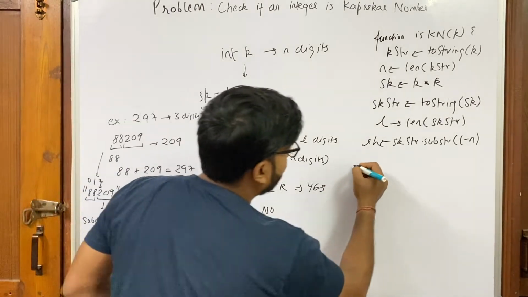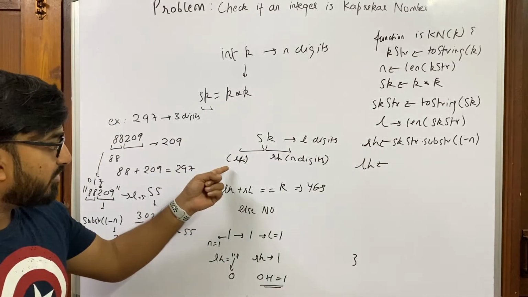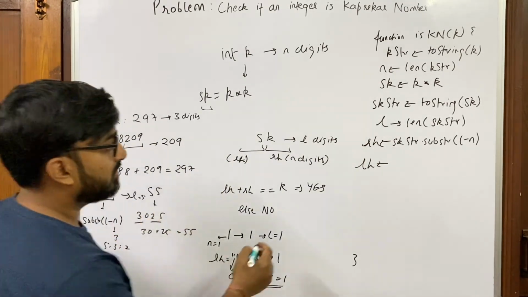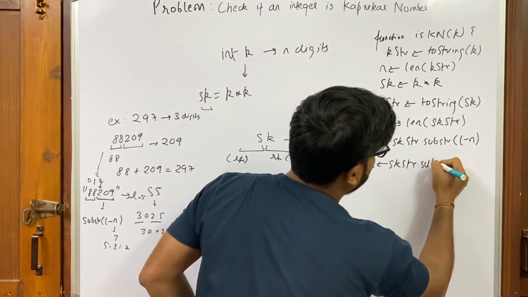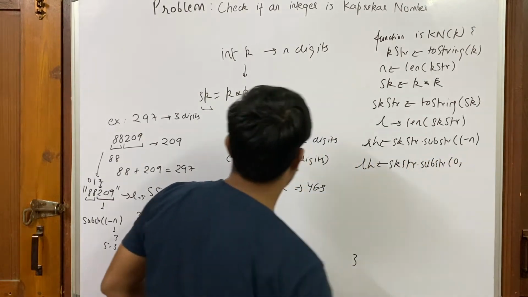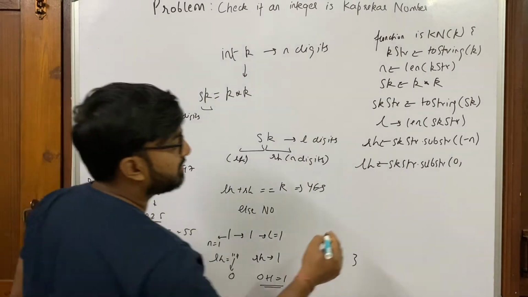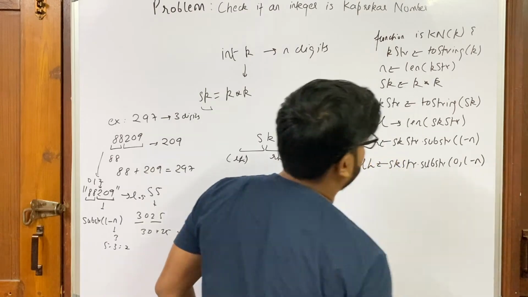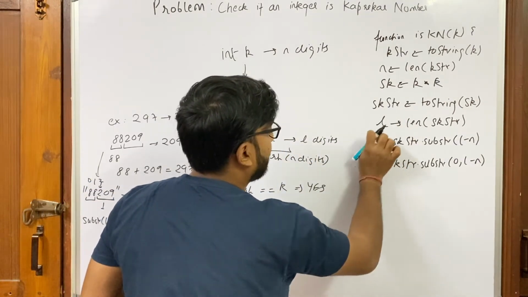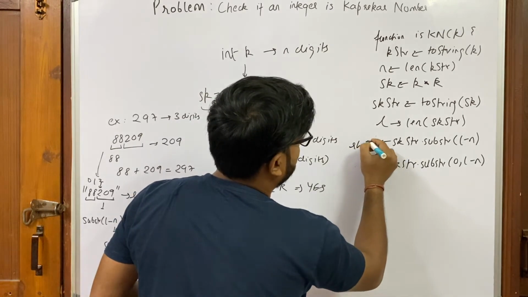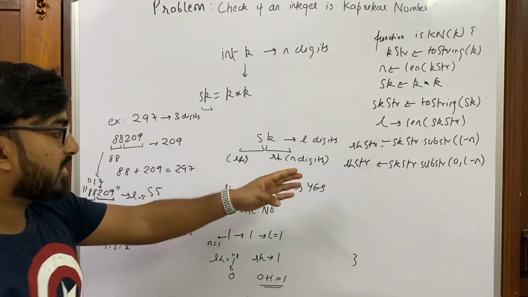So the left half is going to be starting from the first index, which is 0, so sqkstr.substr starting from 0 till index 2, which was L minus n. Then you can call them right half str and left half str, because these are currently strings.